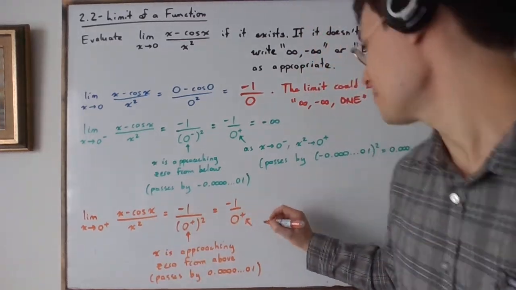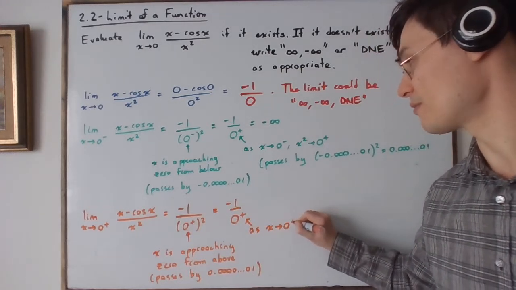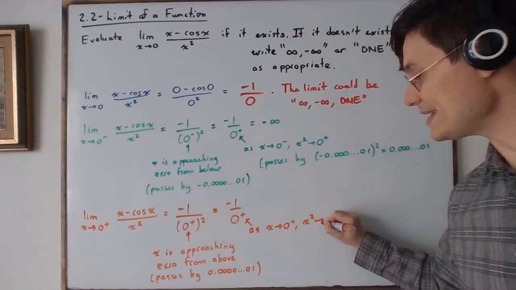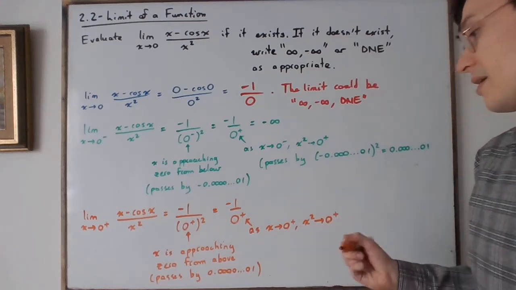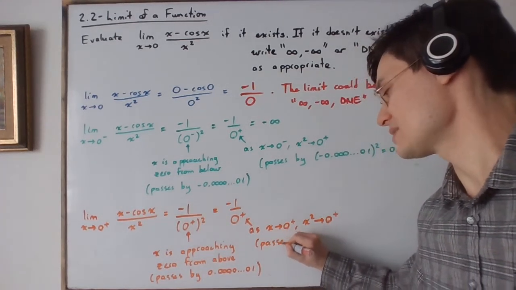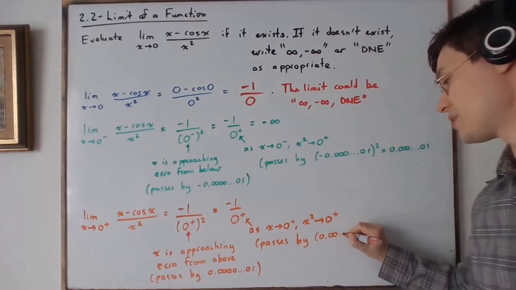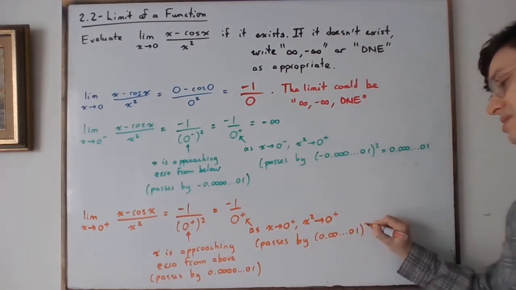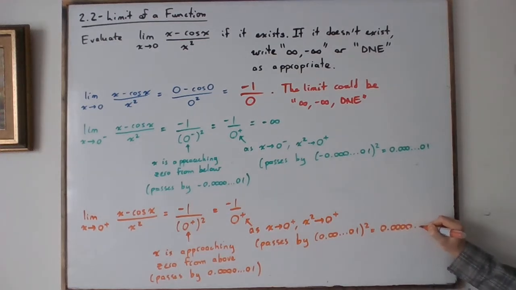What I want to say here is that as x approaches 0 from above, x squared is also approaching 0 from above, because as you square a positive number, you also get a positive. So it passes by 0.00 all the way up to 0.1, and squared you put even more zeros.